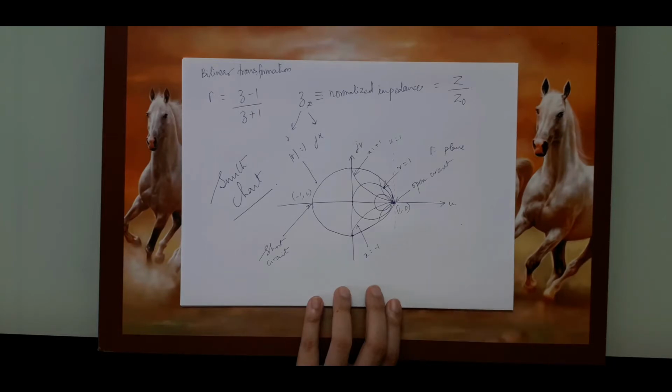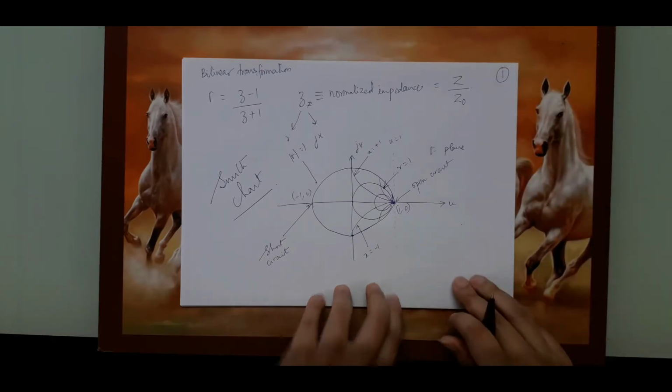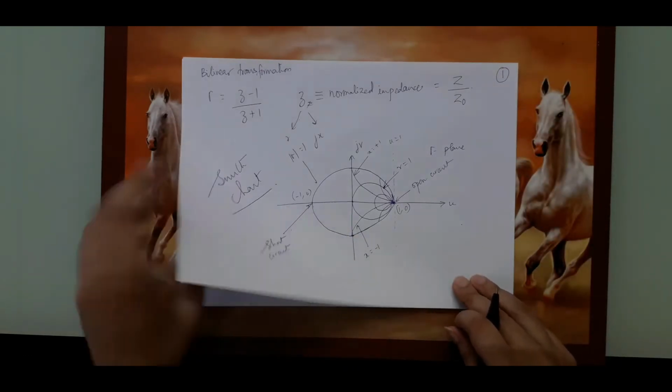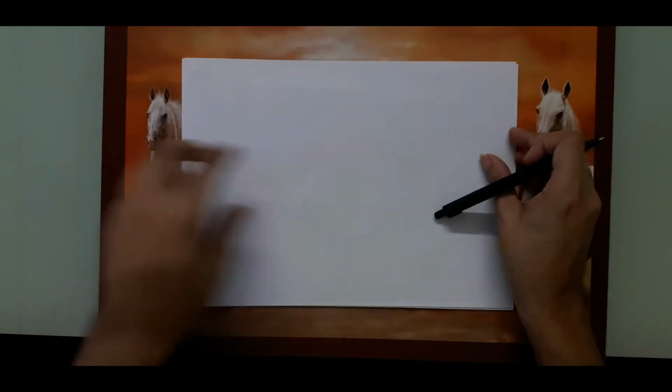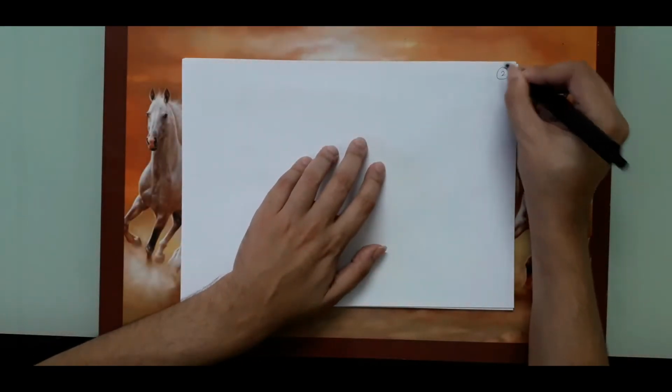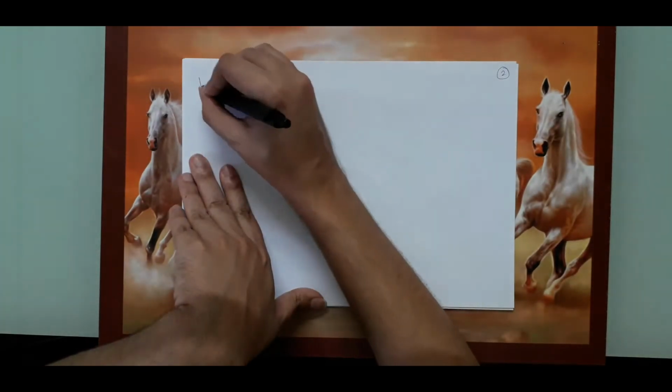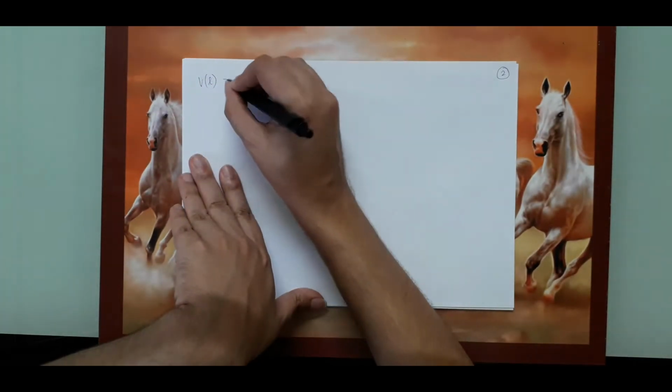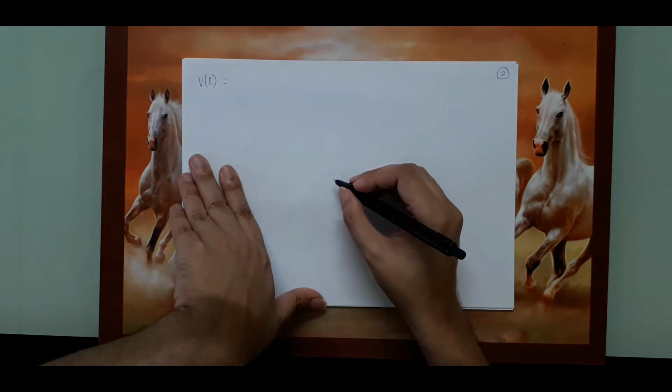Now, one very important thing to note is that the Smith chart has a very close relationship with phasors. A few classes back we had discussed phasors, where we had essentially written the voltage and current in a phasor form.